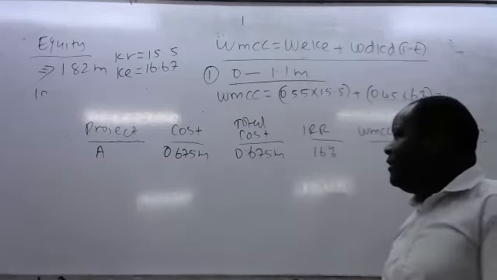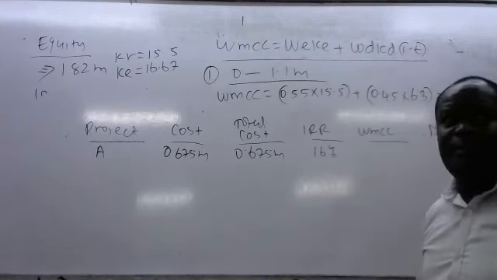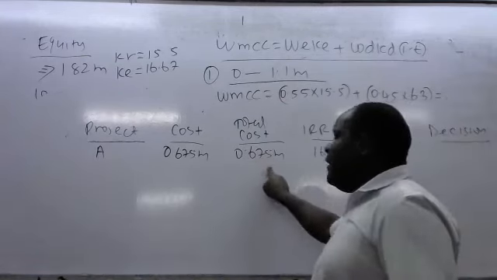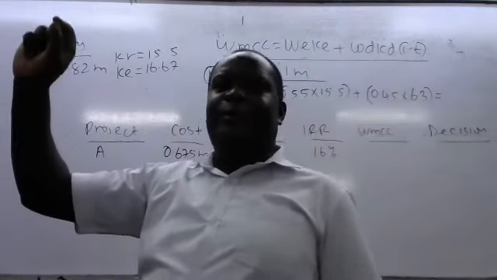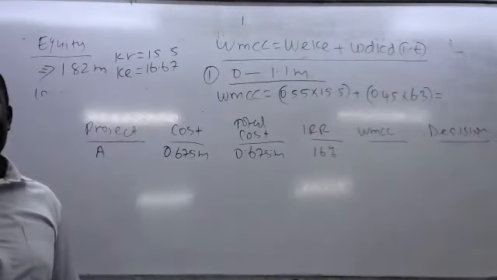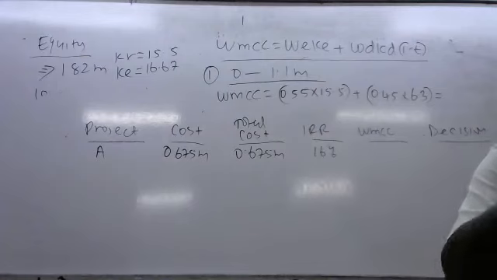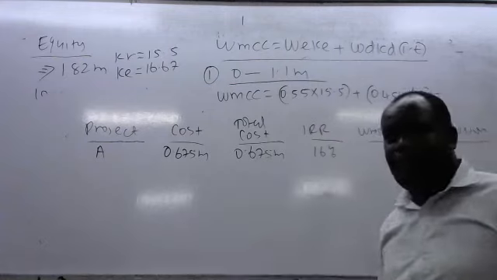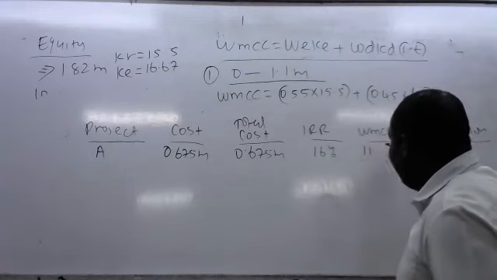So we use this total cost to identify WMCC. 0.675 million is within 0 to 1.1. Under the WMCC, the first range was from 0 to 1.1, and the WMCC was 11.36.